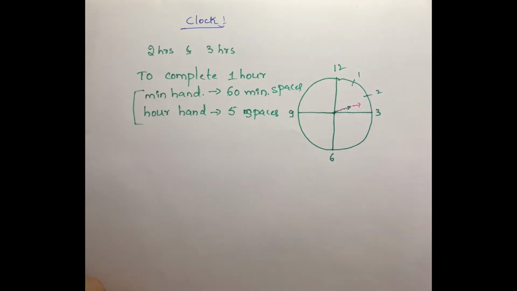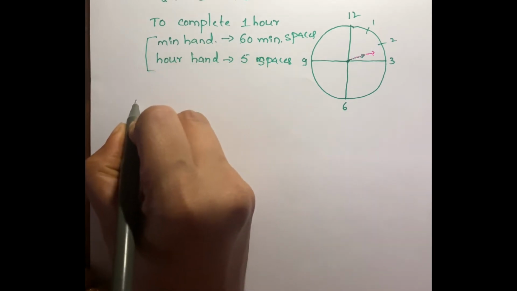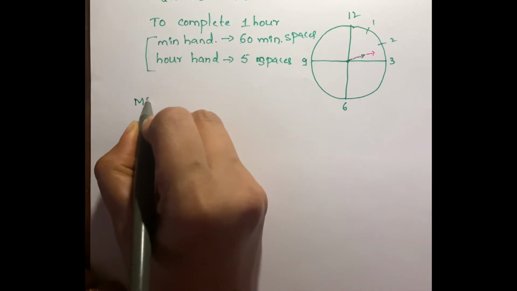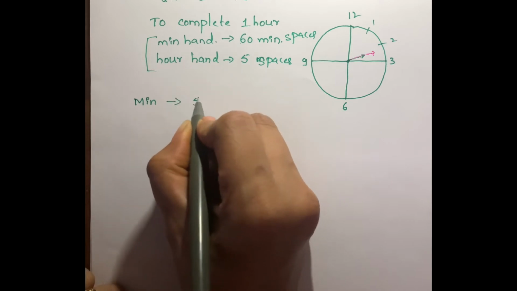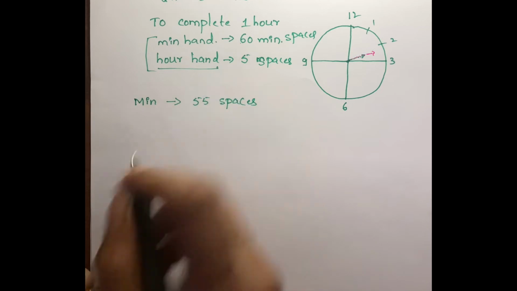Or if you have 6 and I have only 4 chocolates, in that case, you have 2 extra when compared to me. It means that you have gained 2 chocolates more. Similarly, here, the minute hand has gained 55 spaces as compared to this hour hand.